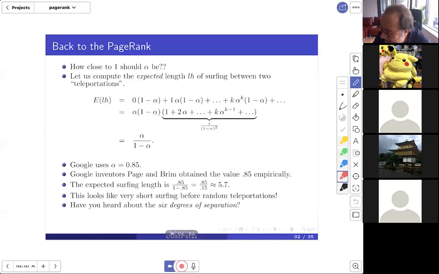And shockingly enough, the number of forwardings was 6 on average. And this is known as 6 degrees of separation. So for any two people in New York, on average, not only are they connected, but it takes only a short path.